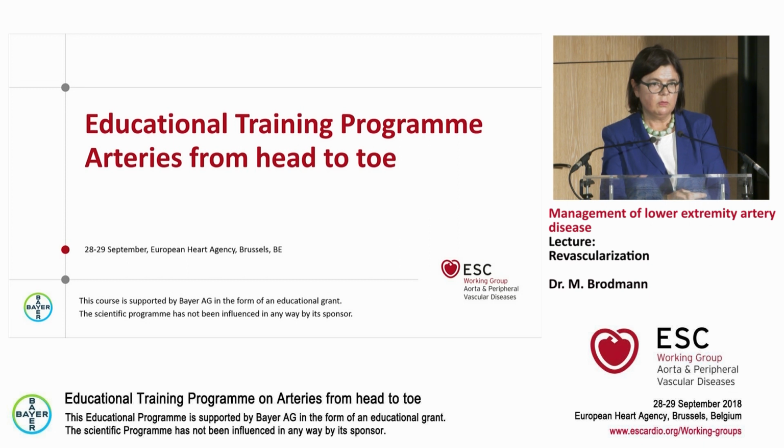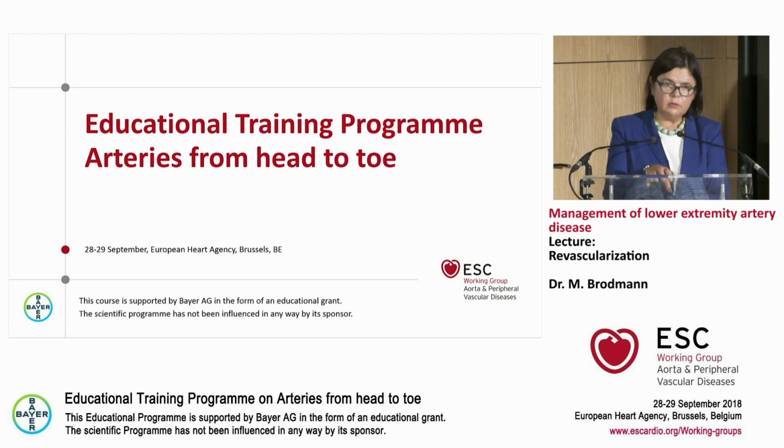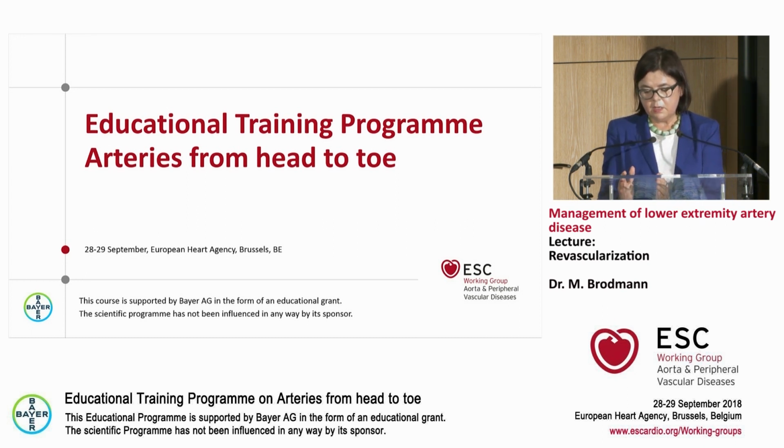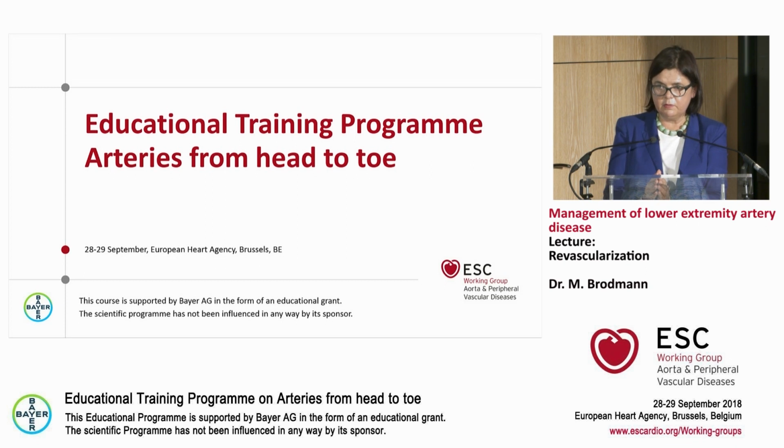Before critical ischemia. Okay. I mean, in 2018, it's really endovascular first, especially in claudicants. If the patient has a lifestyle-limiting claudication and we are not successful with revascularization, before we go for fancy procedures, we would discuss with the vascular surgeon if this patient would be a candidate for bypass.